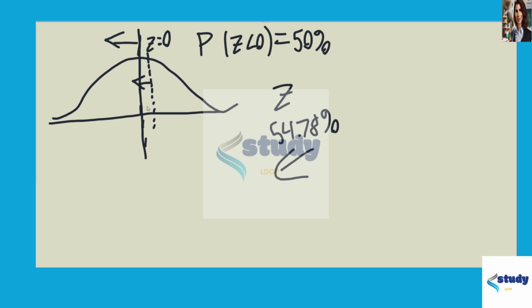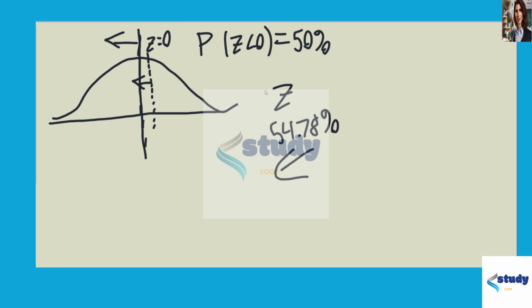Conveniently, we have a way of finding what that z-value is based on this percentage. Either in your textbook, or by searching the internet for a z-score table, you'll find a table with a bunch of z-scores and the corresponding areas under the curve to the left of those z-scores.